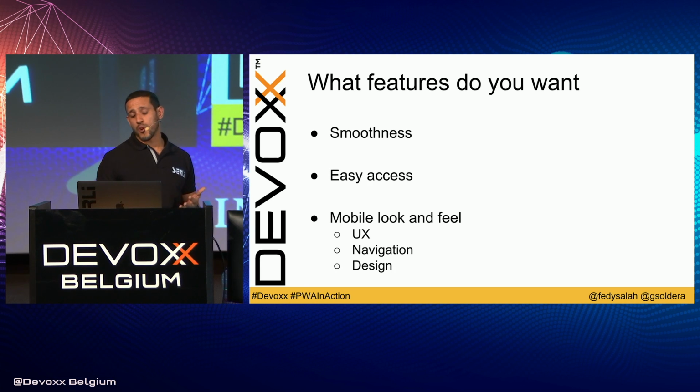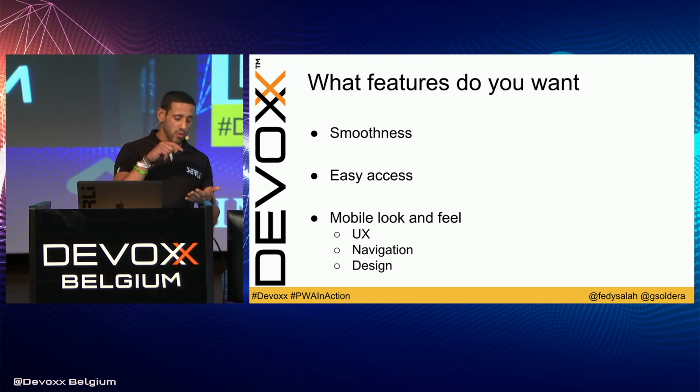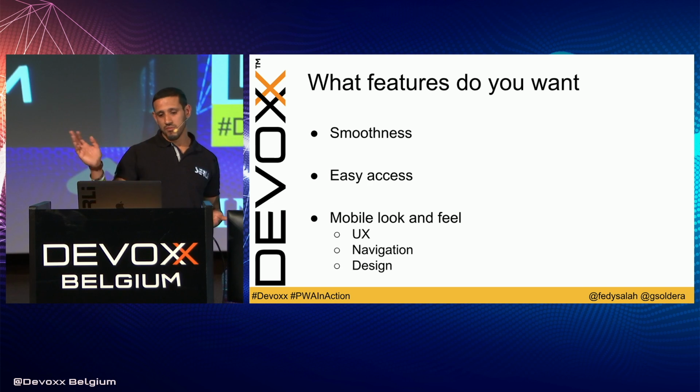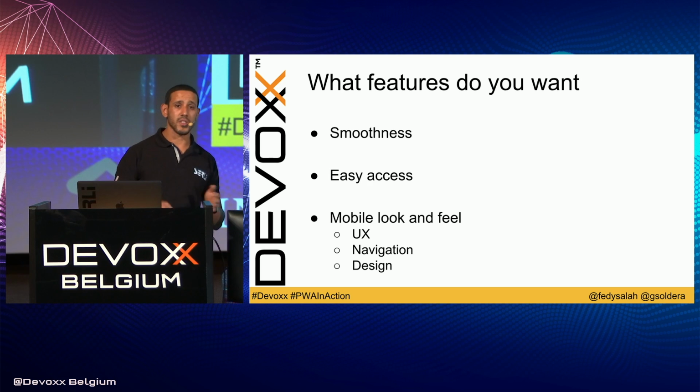The first feature, of course, is not an option: we cannot provide our users a non-smooth application, because smoothness is very, very important. It's mandatory. Yes. Also, our application has to provide easy access. In one click, you go to your application. You don't need to type a URL or something like that.